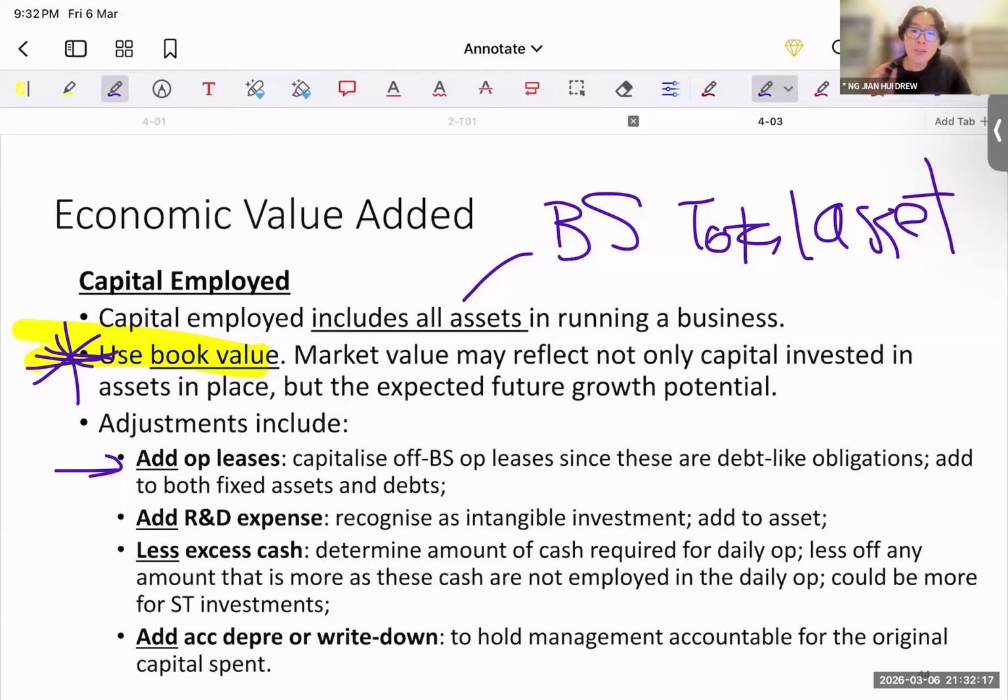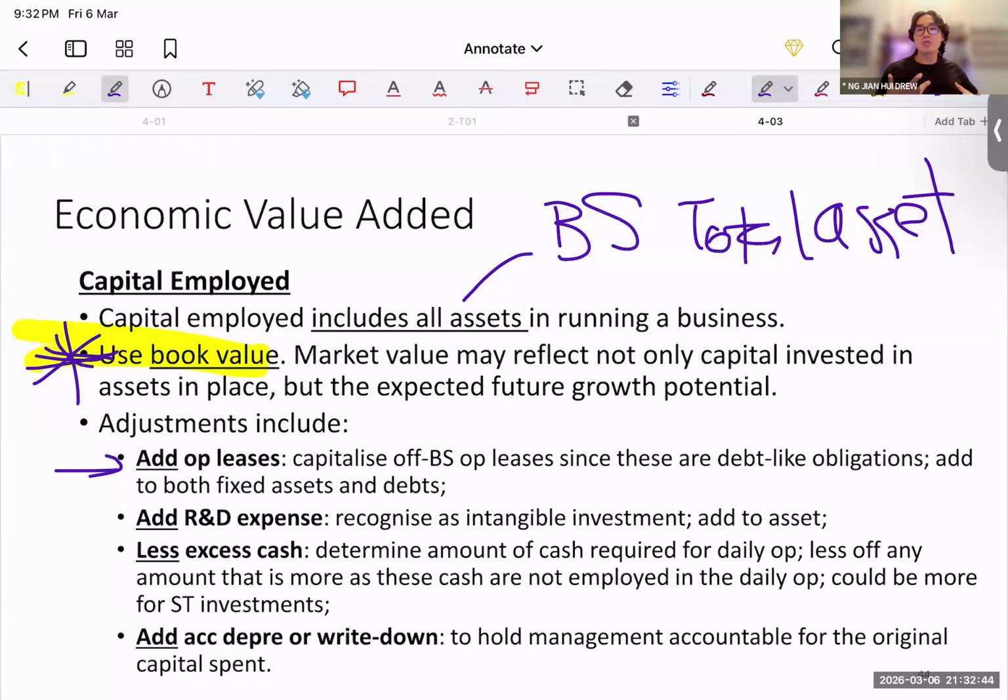So based on accounting rules, only if you can prove that there's going to be a breakthrough, then you can recognize it as intangible. But in all other cases, you must expense it off. However, for your capital employed in finance, we should always recognize as intangible our R&D expenses, and we should not expense R&D off because we never know, right?